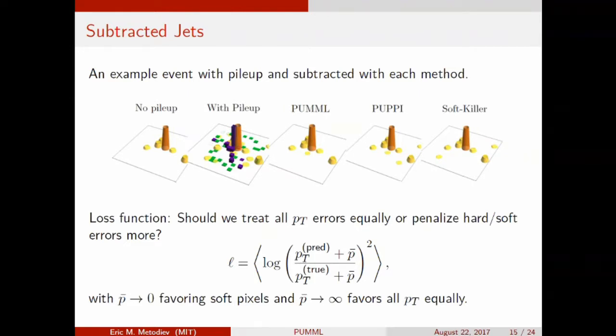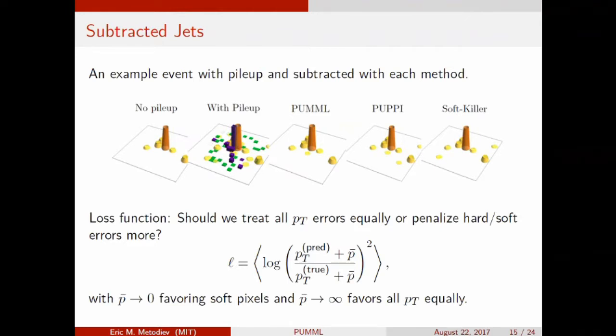But to address the question, we parameterized the loss function, where you can go from favoring soft pixels very intensely, to favoring all pT being equal. So a pT error of 1 MeV is the same on a hard pixel or a soft pixel. And we ended up somewhere in between, with a scale of 10 GeV in this loss function.